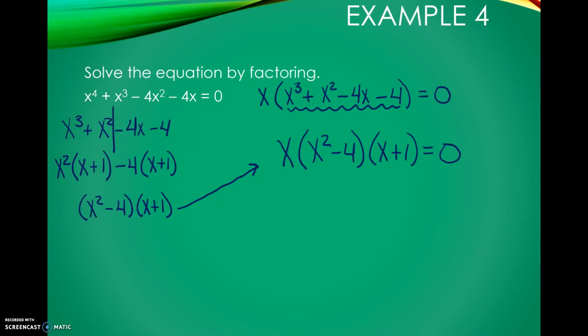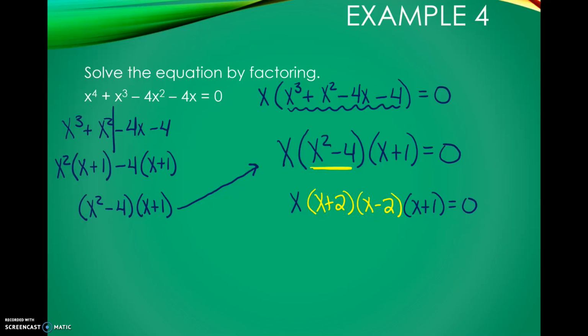Is everything fully factored? Do you see an x squared minus 4, and that 4 is a perfect square? So that part is going to factor into x plus 2, x minus 2. We still have the x in front. We still have the x plus 1 at the end.